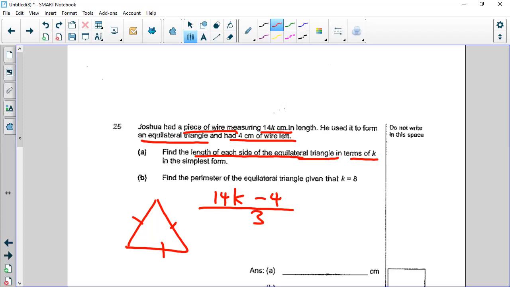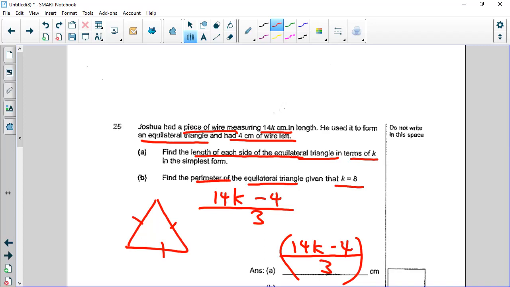So your answer is 14k, the length of the wire at first, minus the leftover to get the length used to make the triangle, and then divide by 3 to find the length of one side. That's your algebra answer. Okay, clear?